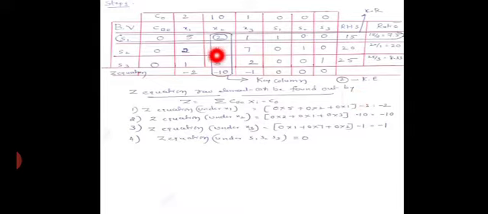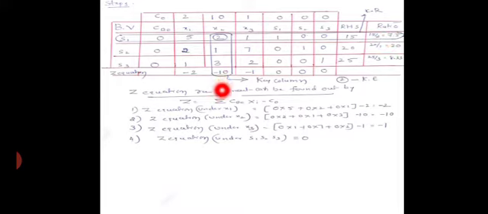Key row. Here, whatever values you got under the X2 column, see here for the S1 row, your X2 value is 2. The RHS value, that is 15, should be divided by 2. You will get 7.5.